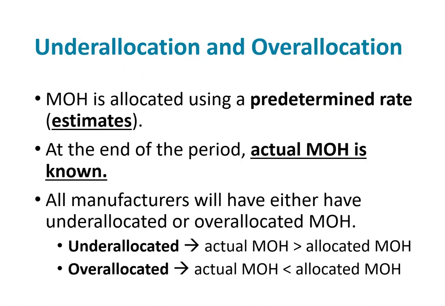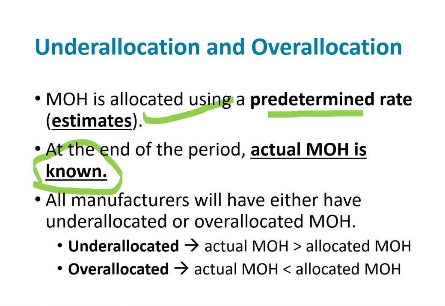Now, sometimes you overallocate and sometimes you underallocate. So what does this mean? Well, when you use an estimate, and that's what a predetermined overhead rate is, at the end of the period you will know how much manufacturing overhead you actually used.